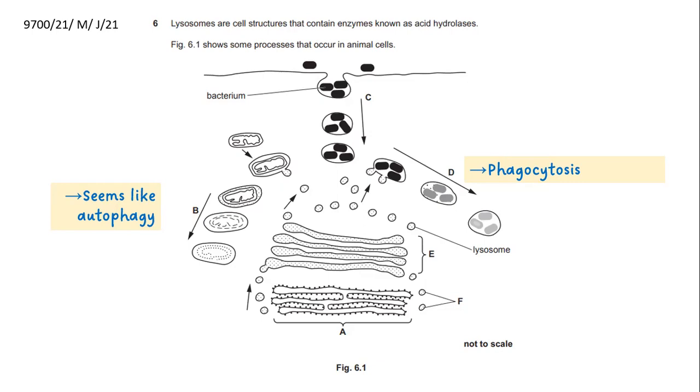Okay. So we are back, aren't we? All right. Now let us take a look at this question. Apparently it's a question from May-June 2021, paper 2, the first variant of paper 2.